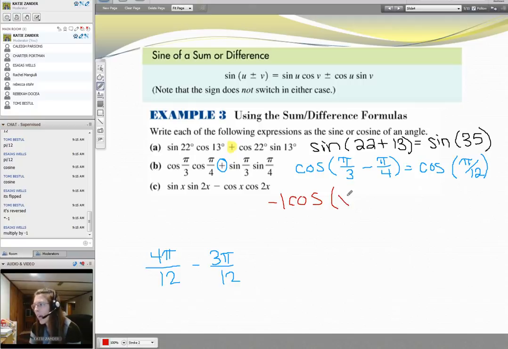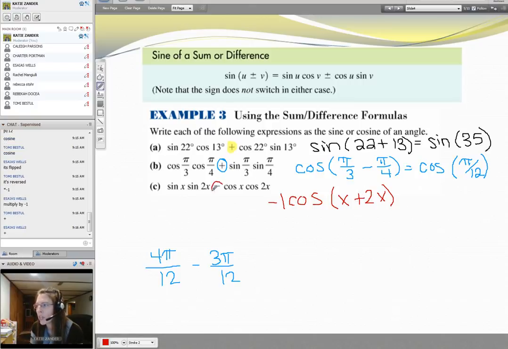We can still go ahead and combine the x and 2x inside here. Would I want to use a plus or a minus sign following that formula? It would be a plus, right? We're still going to do the opposite of what the operation was. So even when it's flipped, we still want to do the opposite of that.